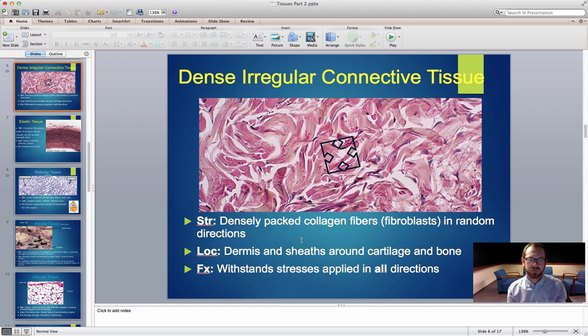So, having the structure of these connective tissues is critical to the function, and the two of those components are going to interact and dictate where we're going to find these two tissue types.